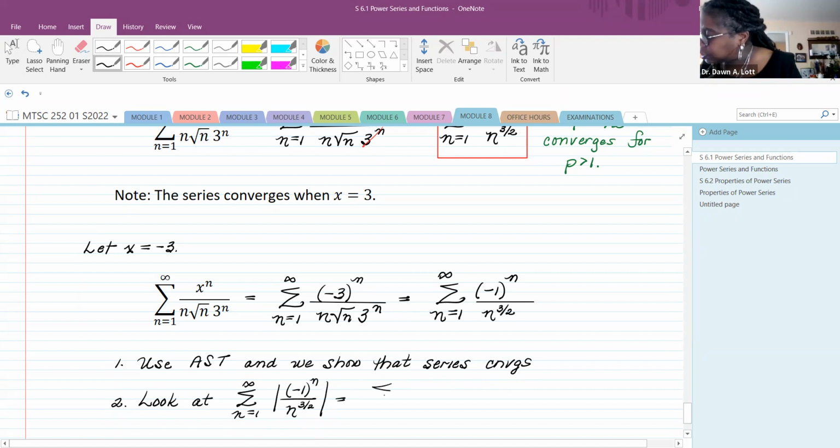That is just the sum of 1 over n to the 3/2, which converges. We already showed that.